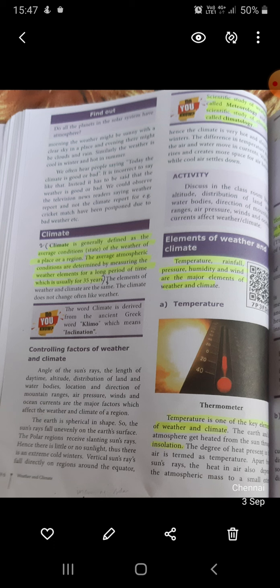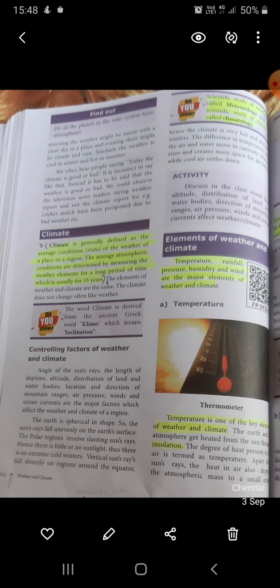So temperature varies with time due to changes in the level of radiation which reaches the earth's surface. Because of the sun's radiation, the wind is also very hot. This is due to the motions of the earth. Motions of the earth means the rotation and revolution, and inclination of the earth's axis.